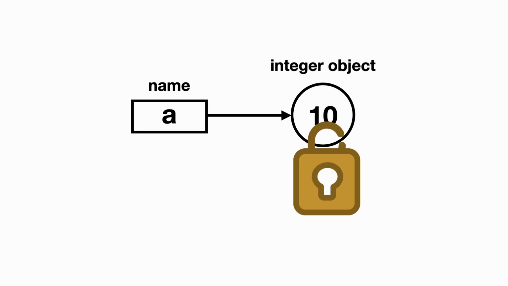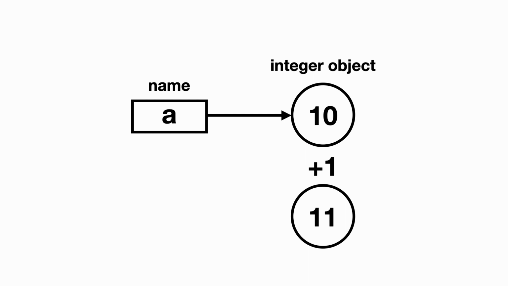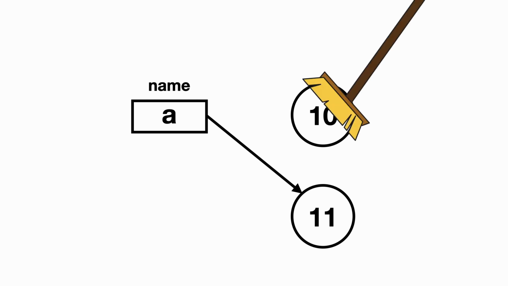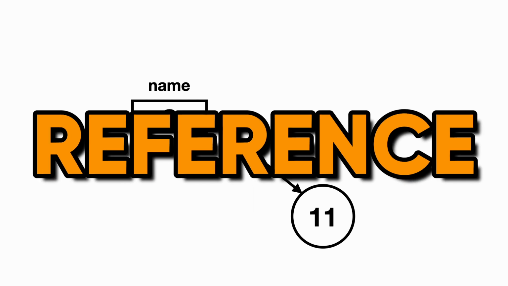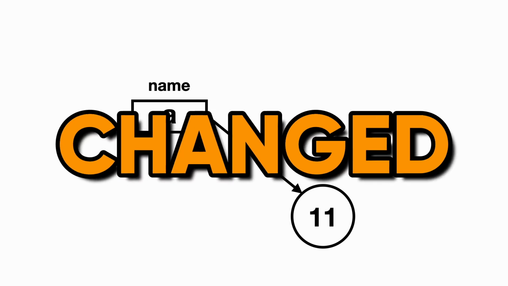The integer object is immutable. So when it is incremented, it creates a new integer object. a is unbound from the old integer object and bound to the new one. The old integer object will be cleaned up by Python automatically at some point. So a variable is mutable because its reference to an object can be changed.